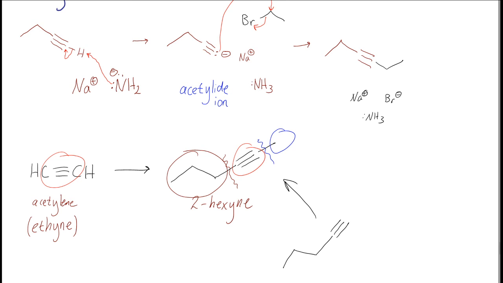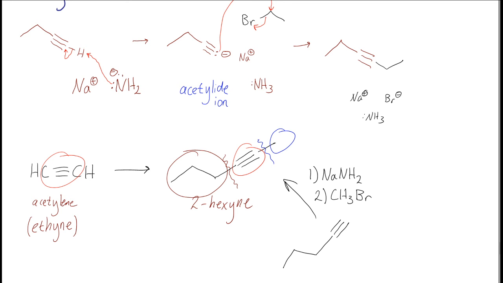Remember on Monday we talked about using 1 and 2 to talk about steps in order. We actually have to do this in 2 separate steps. So first we would use the sodium amide to deprotonate. And then second, we would use the alkyl halide to do that substitution. And that would add that 1 extra carbon onto the alkyne.